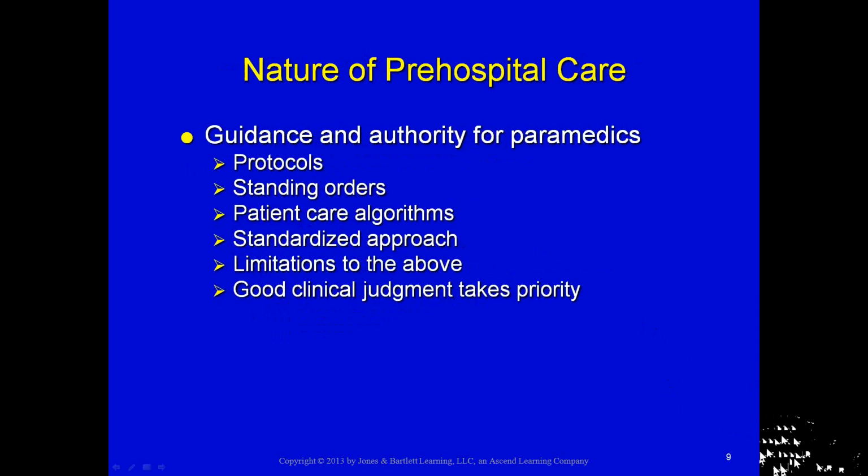Limitations to protocols, standing orders, and algorithms, as I've already mentioned, are certainly that not everybody's going to fit into a protocol or a standing order or an algorithm. And it requires us to use good clinical judgment or critical thinking in order to determine that. Our bradycardia algorithm says that if you've got a patient whose heart rate is slow and they're symptomatic, you give them 0.5 milligrams of atropine IV.